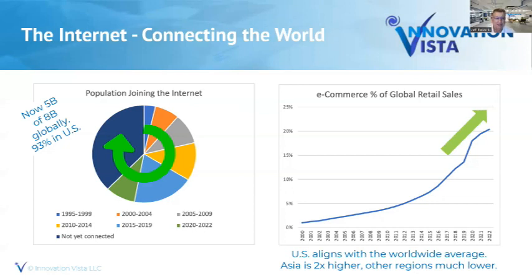Actually, in Asia, it is approaching 50% of all sales. The US and Europe are just over 20%, and then some parts of the world certainly are lower percentages, where the logistics capability for shipping, et cetera, is a little bit weaker in some nations, but the trend is the same worldwide.